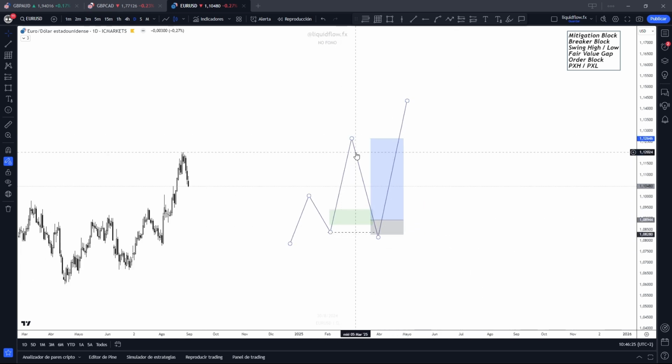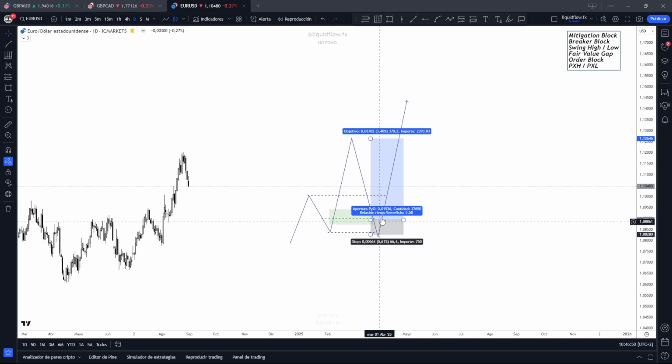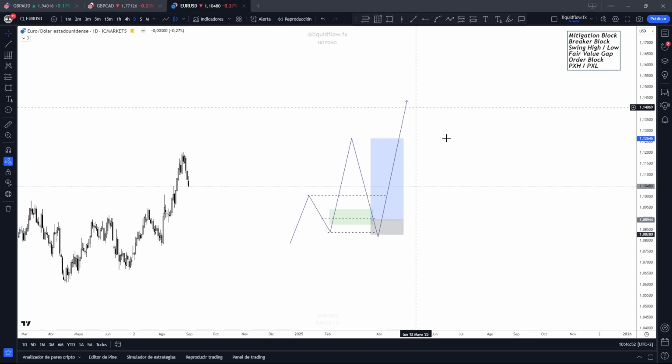The market doesn't respect those liquidity areas as mitigation block, fair value gap, order block, and goes below this previous swing low, creates a kind of movement below to sweep that liquidity, and then starts giving you a movement in the opposite direction.